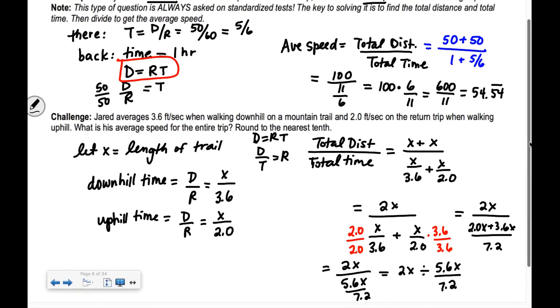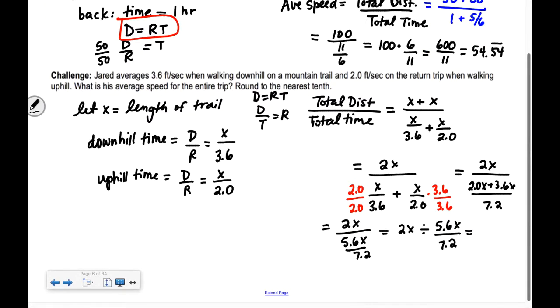Because when we multiply by the reciprocal, running out of room, if I have 2x and I multiply by 7.2 over 5.6x, those x's will cancel. So it didn't matter how long that trail was. So we get 2 times 7.2, so 14.4, and we divide by 5.6. And his average speed ends up being 2.571.